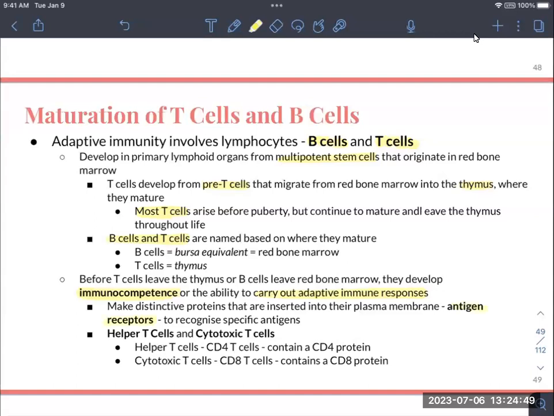We talked about antigens a little bit when we talked about red blood cells and blood typing. Now we're going to look at these antigen receptors that are on our B cells and T cells, and they're made to recognize specific antigens.